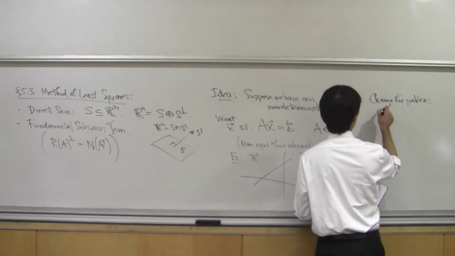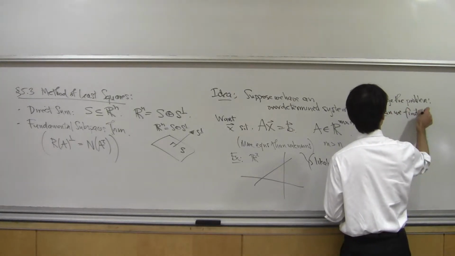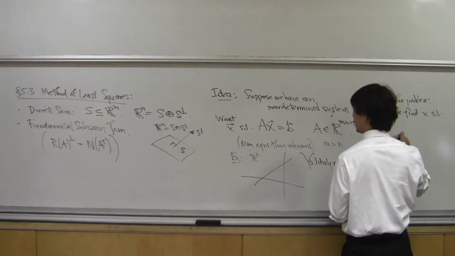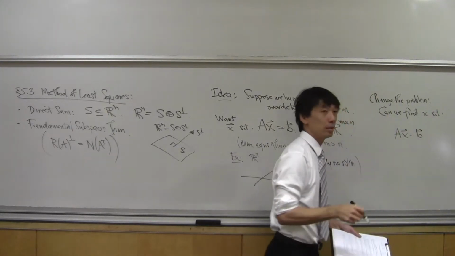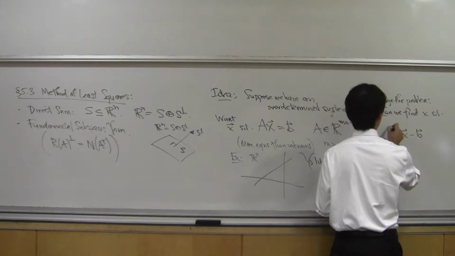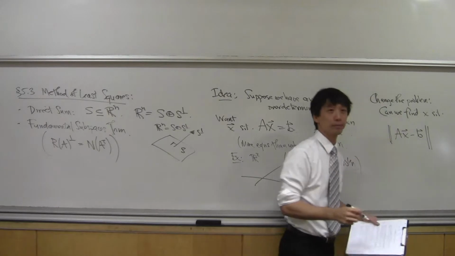So we change the problem to: can we find x such that Ax minus b is small? Well, what do we mean by small? We mean that its magnitude is small.